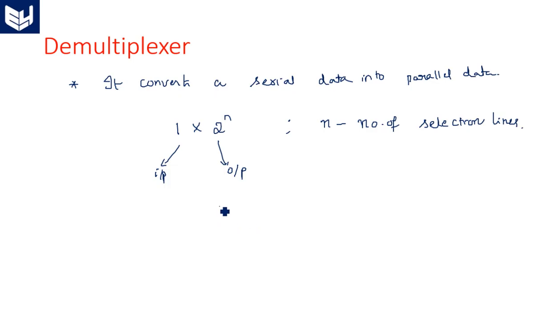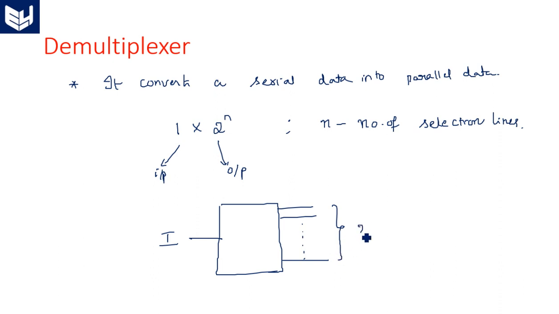Okay, suppose this is the demultiplexer we have, and this demultiplexer is having only one input. This is I. The data on this I may be either 0 or 1. That particular data can be shared among 2 power n output lines with n number of selection lines.